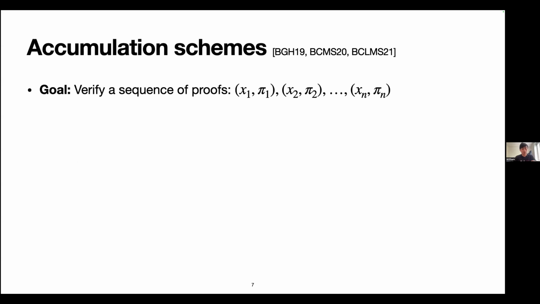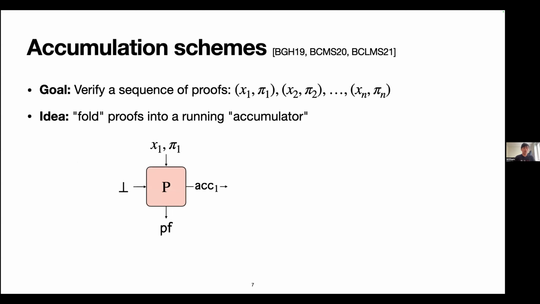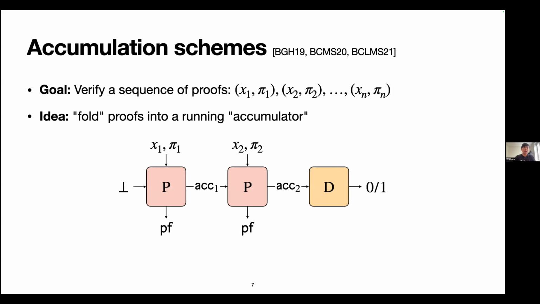Of course, you can always just individually verify each proof, but the hope is that somehow you can batch the verification together such that you do less work. The key idea for accumulation is that maybe we can fold these proofs into a running accumulator, and only check the final accumulator at the end.